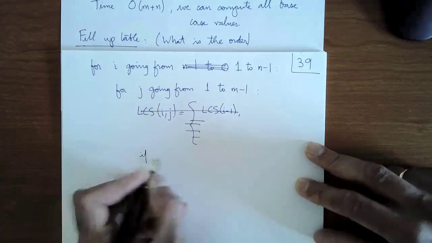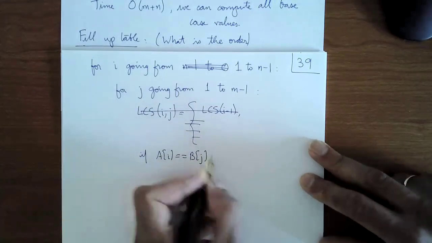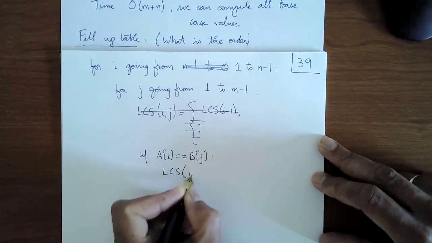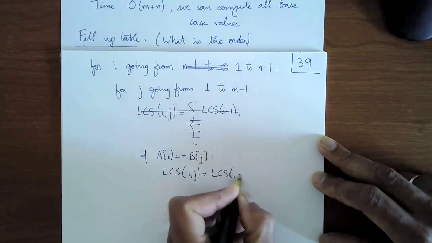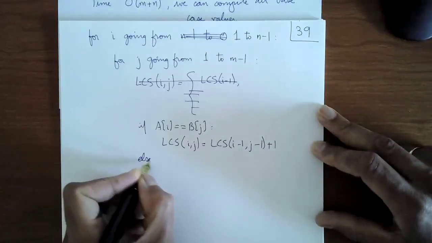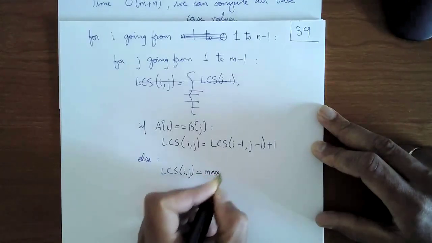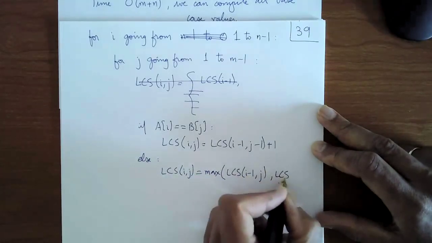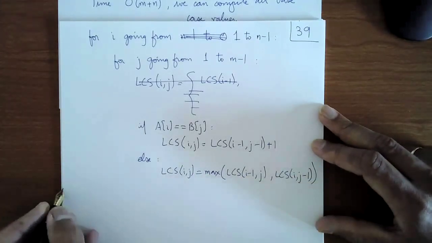If A[i] is the same as B[j], then LCS[i][j] is equal to LCS[i-1][j-1] plus 1, else LCS[i][j] is the max of LCS[i-1][j] and LCS[i][j-1].